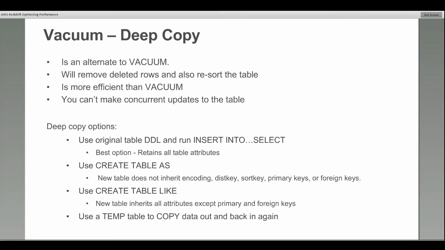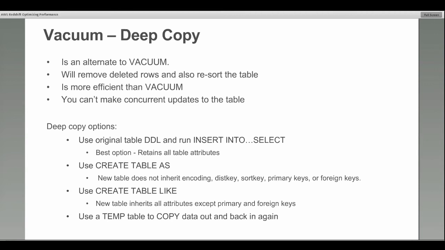The best deep copy option that you should use is to take your original DDL, create the table, and then run an insert into select from statement, and that is actually going to not only be faster, but it's going to retain all the table attributes. The other options like create table as, while you can create a table that way, you won't inherit the primary key or the foreign key.